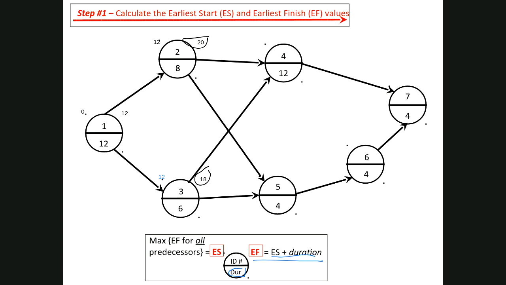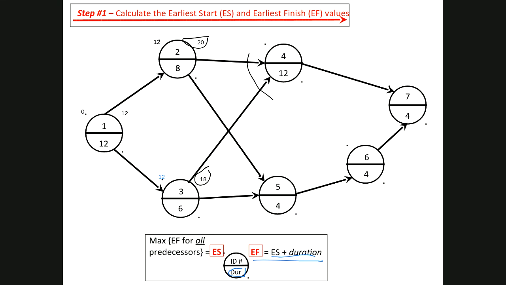The logic you have to follow is that task 4 cannot start until task 2 is finished, and it cannot start until task 3 is finished. If 3 finishes at 18, can task 4 start? And the answer is no, because task 2 will not finish until time 20. So therefore, task 4 cannot start until time 20.